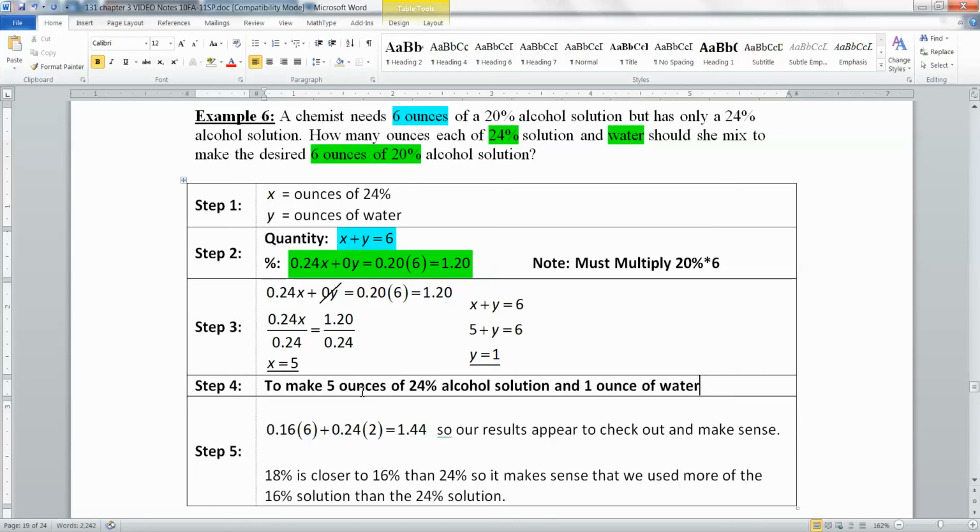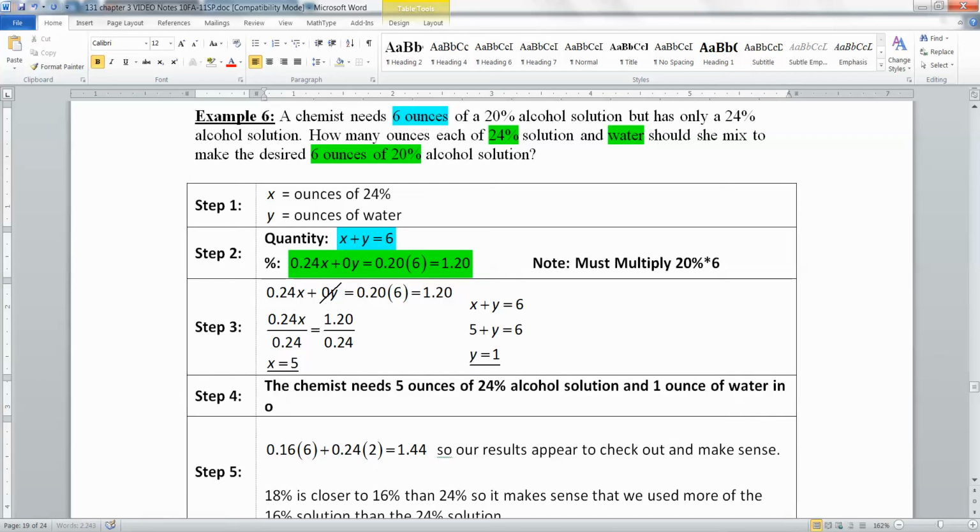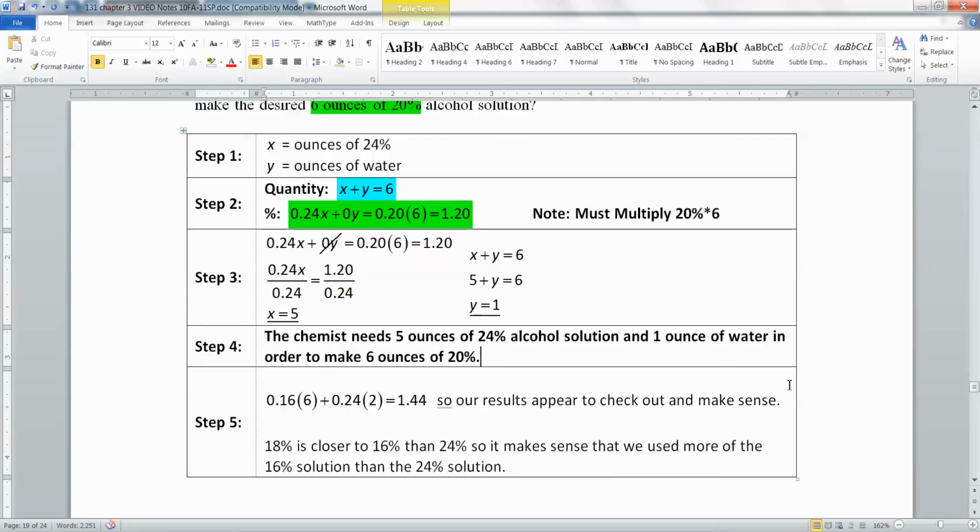Let me make a sentence out of this. The chemist needs 5 ounces of 24% alcohol and 1 ounce of water in order to make 6 ounces of 20%, which is what they were looking for. And again, let's think about this.